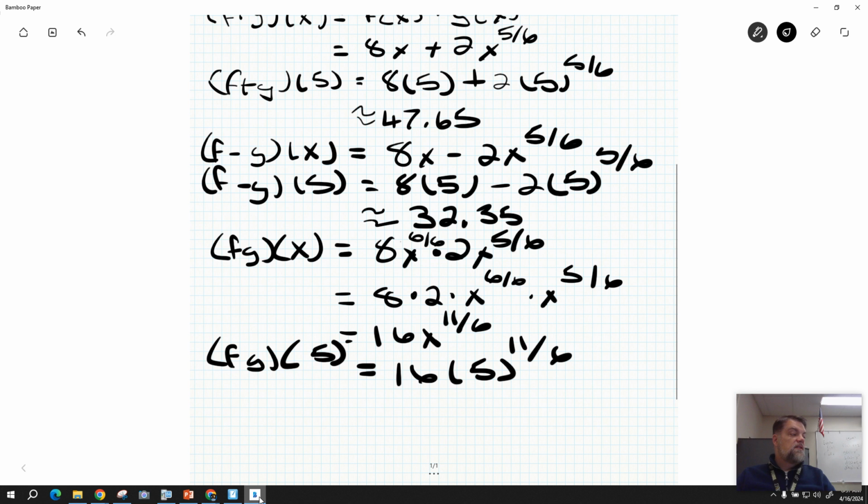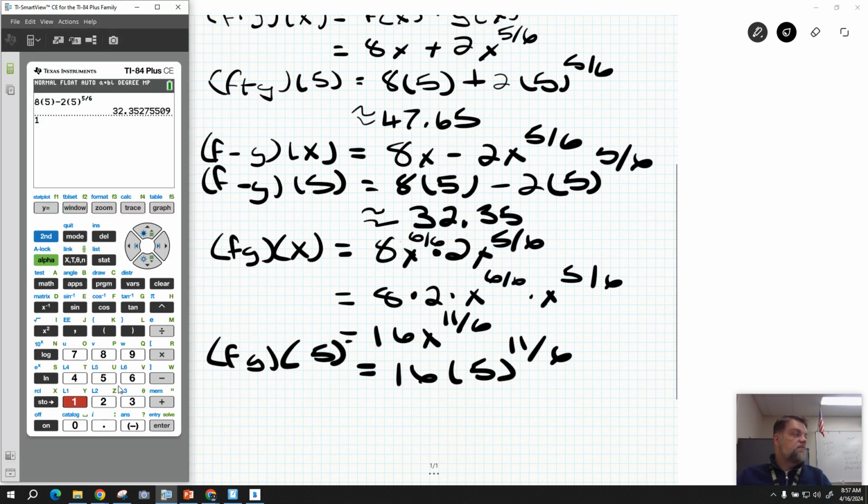Okay? So plug that in my calculator. I'm going to say 16 in parentheses 5 raised to the 5 divided by 6. Rounding to the second decimal place. The second decimal place is 7. I go to the right. That's the 7. Round up or down. Why is it 5 in your calculator? Oh, yeah, you're right. I made a mistake.